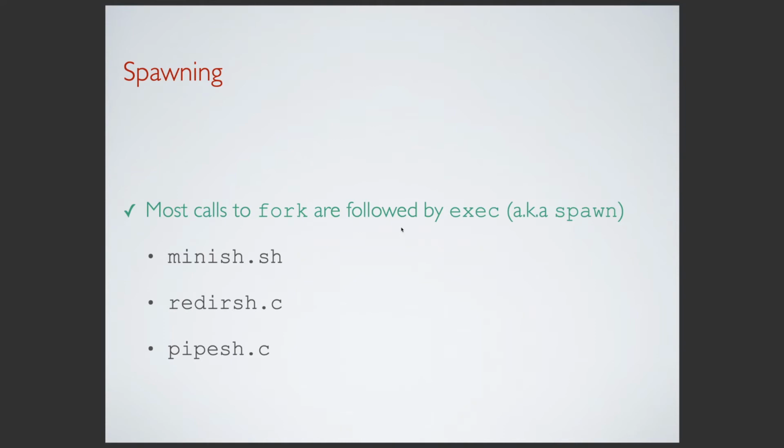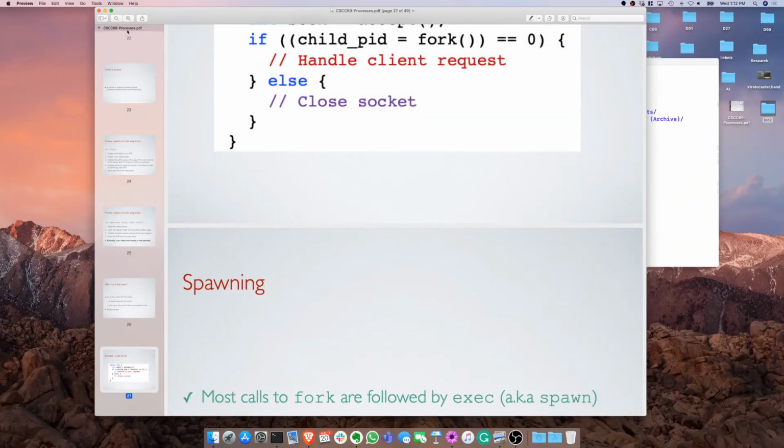When you spawn a process, it's a mix of fork and exec: you create a sub-process. This process can access all the variables and file descriptors from the parent, but it's a completely new program, which fork alone doesn't do, but exec does. So this is quite interesting.